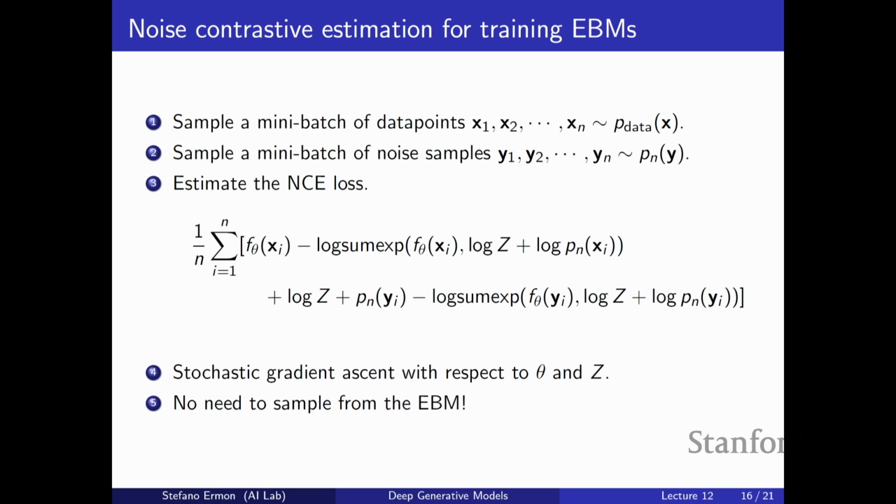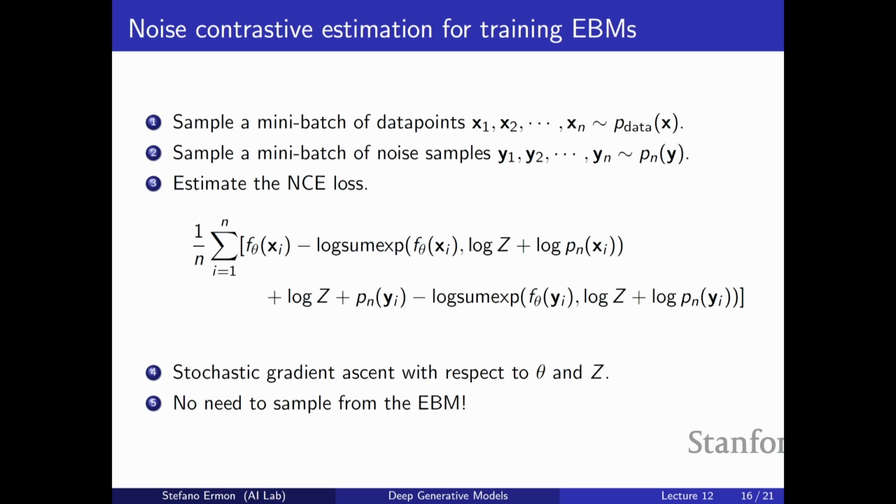And again, the key thing is that you don't need to sample from the model. You can also see that the dependence on z is non-trivial, in the sense that it's not always optimal to make z as small as possible or as big as possible. It depends on z in some non-trivial way, so there is some interesting learning happening here over both theta and z.